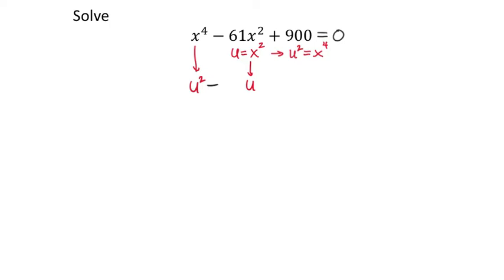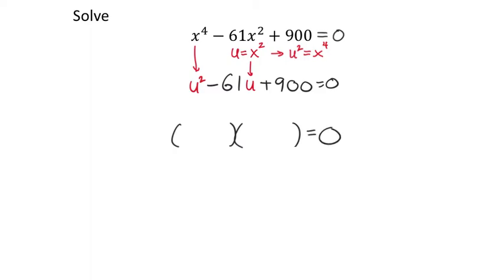So now I've got u squared minus 61u plus 900 equals 0. Well, my leading coefficient is a 1, and that's pretty good, because if I can just figure out what 2 factors of 900 would add up to -61, then we have this pretty much solved, right?